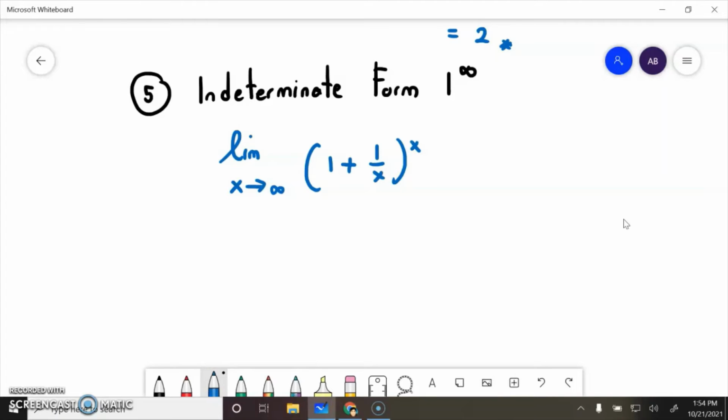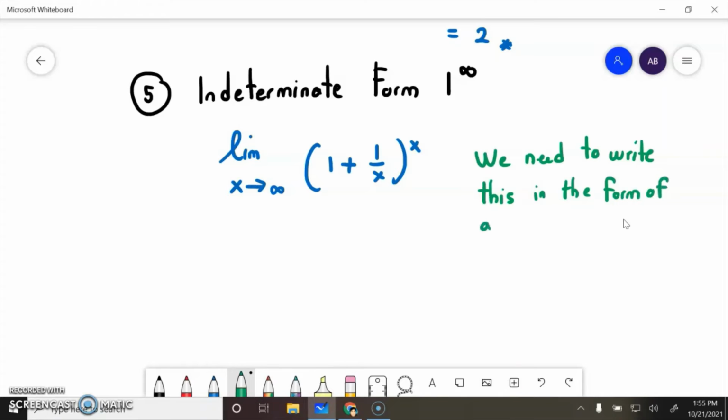We gotta be careful to do this, so I'll put a note here: we need to write this in the form of a fraction in order to apply L'Hopital's rule.